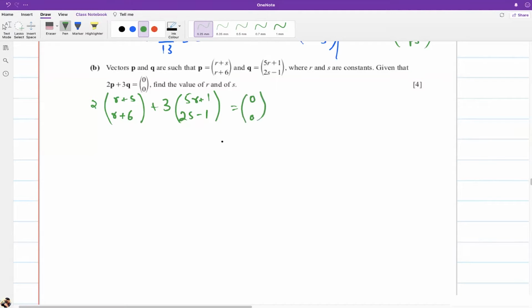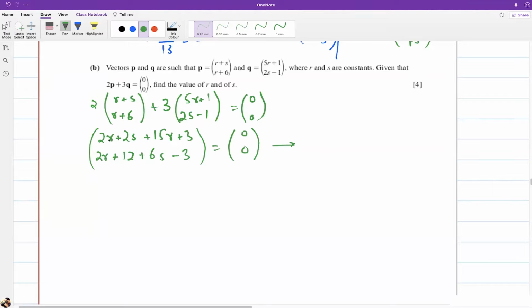So we will have two simultaneous equations. The first equation will be 2r plus 2s plus 15r plus 3, and the second equation will be 2r plus 12 plus 6s minus 3. This whole thing will be equal to 0 0, which we can now solve simultaneously. We can break this down.